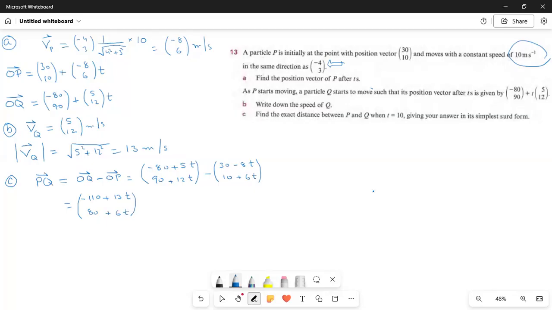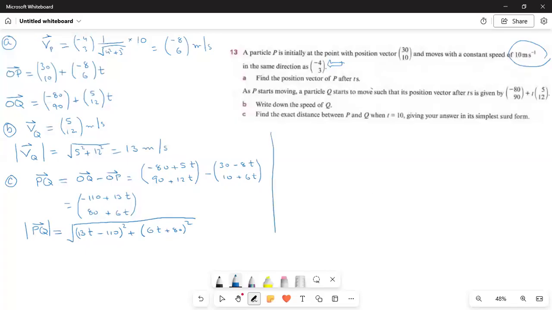Now we need to find the distance between P and Q, so we need to find the magnitude of this vector PQ, and that is going to be, I can write it as, the square root of (13t - 110) squared plus (6t + 80) squared. So this will be the distance between the two.